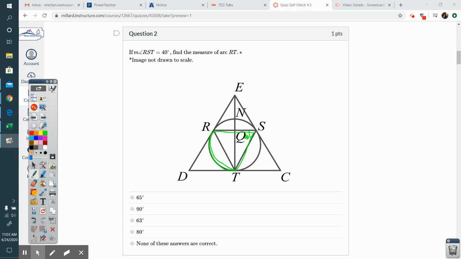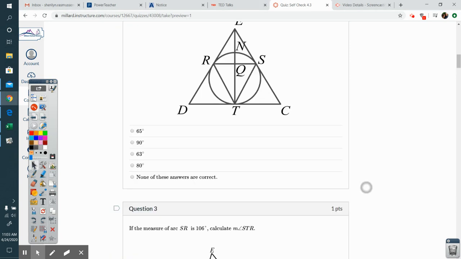It looks like an ice cream cone, a snow cone, whatever you want to call it. So if this is 40, then the arc is double it. So the arc would be 80, because this small portion down here, the point of the cone, is half the measure of the arc. You take this and double it to get here, because the arc will be bigger than the point of the cone.